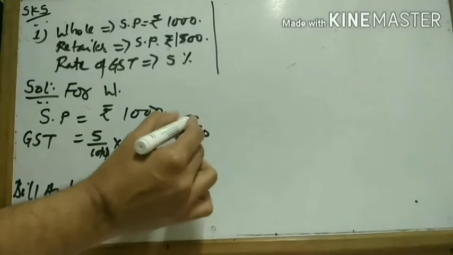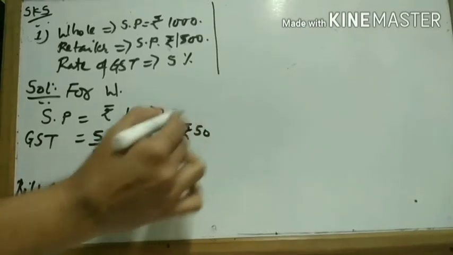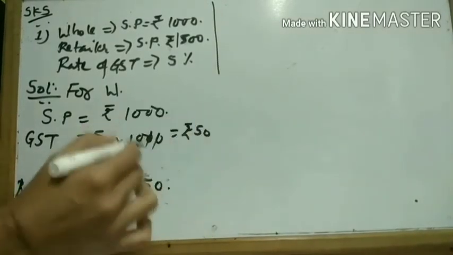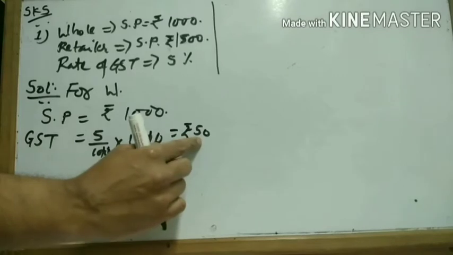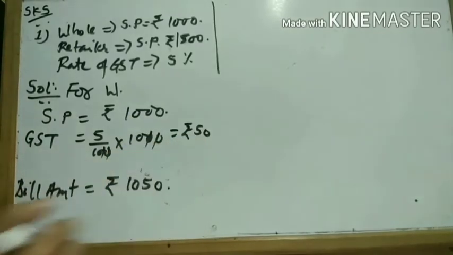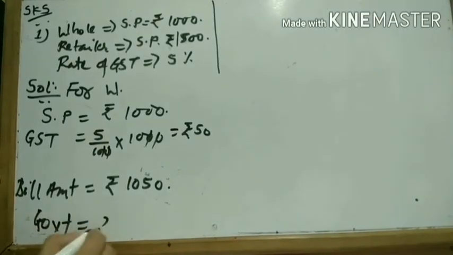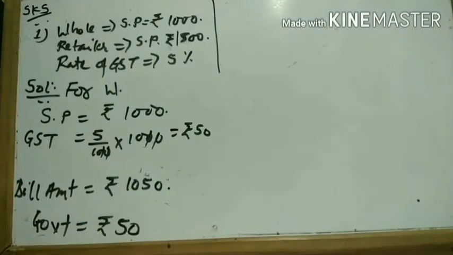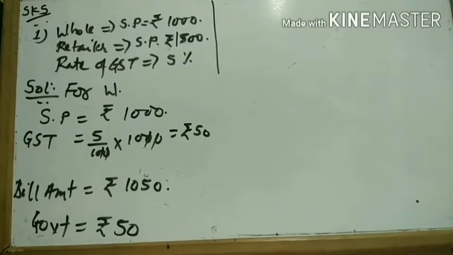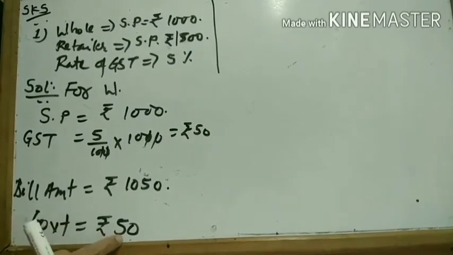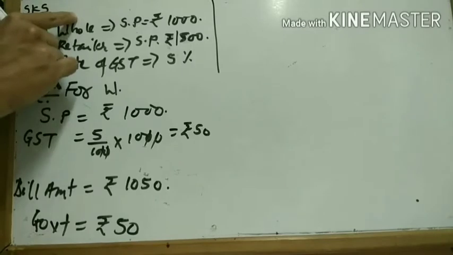Now remember, the wholesaler has not paid GST, he has collected GST, but he has no right on that GST amount. So what he will do, he will pay to the government. In this transaction, the government receives rupees 50. My dear friends, this is the catch over here. You have to understand, the government will get rupees 50 not from the wholesaler.